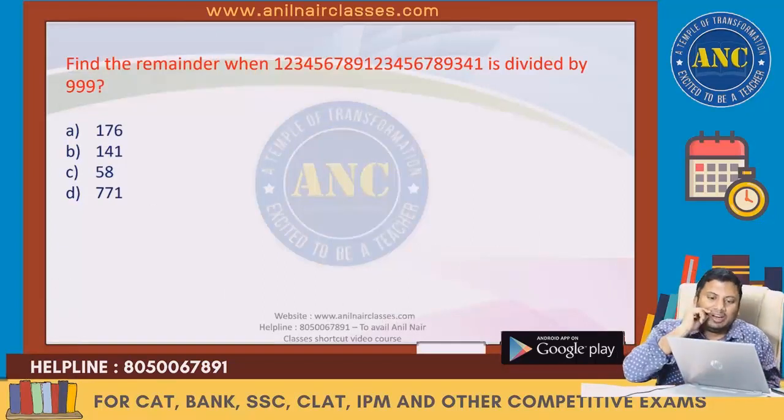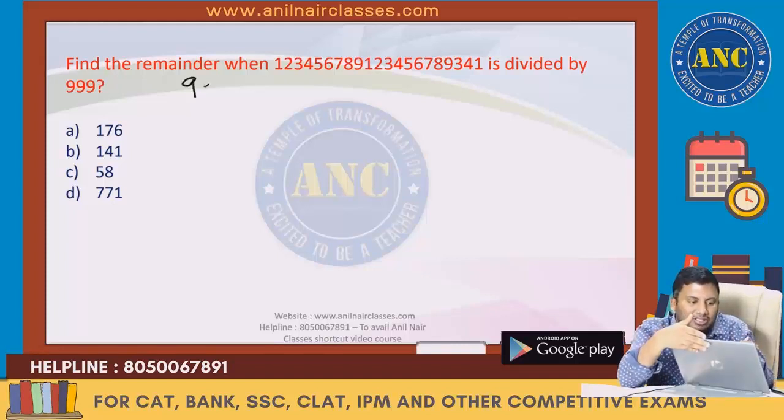Find the remainder. 1, 2, 3, 4, 5, 6, 7, 8, 9. 349 is divisible by 9. Now see here. 999 is 37 into 27.